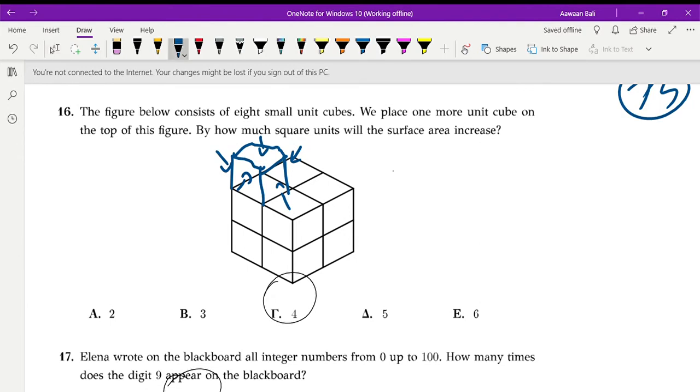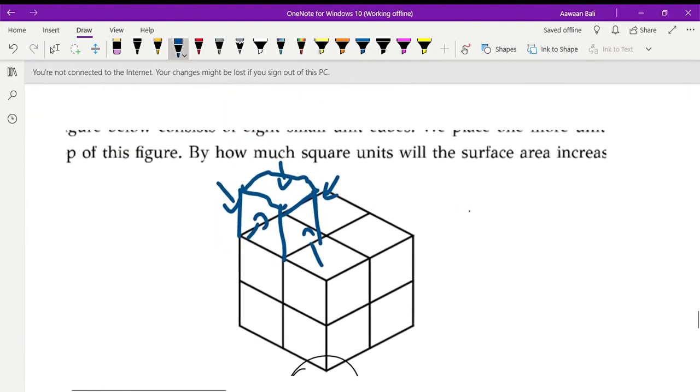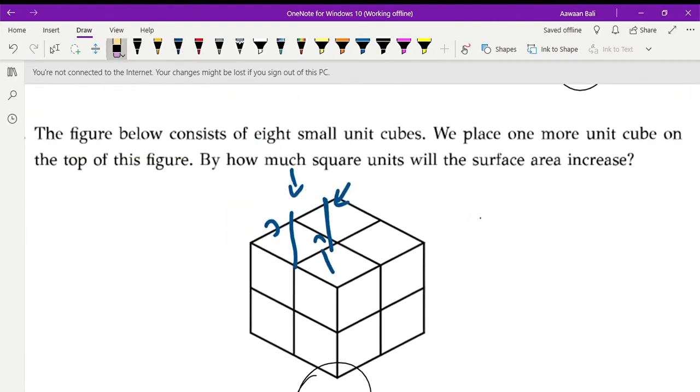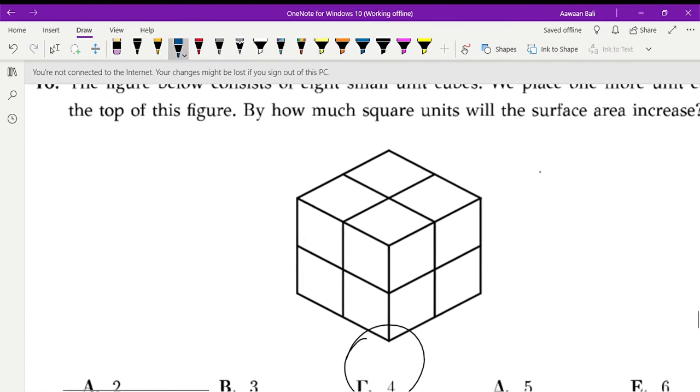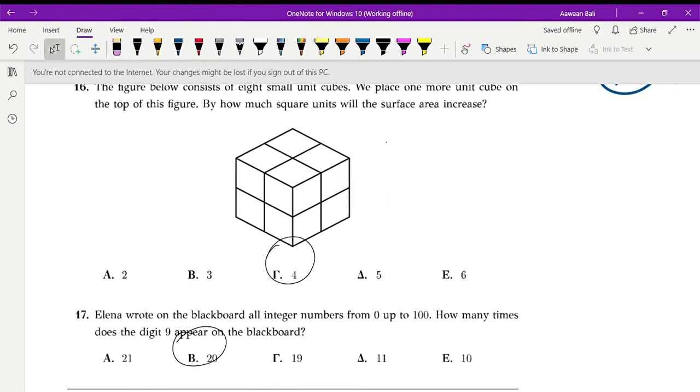Well, if you thought 5, I'm sorry, but that's wrong, because when you're placing this cube, not only does the base of the new cube get covered, but also the top of the cube it's being placed on is also covered. So two sides are lost, which means it would only increase by 4 square units, which means gamma, C, which is 4. That is correct.